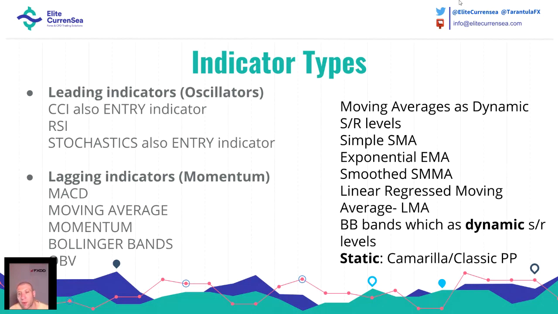And we have, of course, Bollinger Bands, very important dynamic support and resistance level indicator. Finally, we have static indicators such as Camarilla and classic pivot point, but those are static indicators that can just tell us whether we should scale out or whether we should take the full profit, and so on.